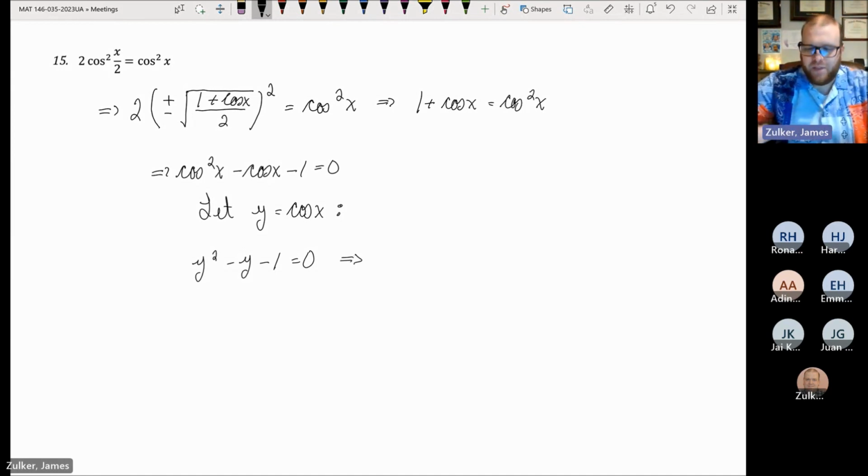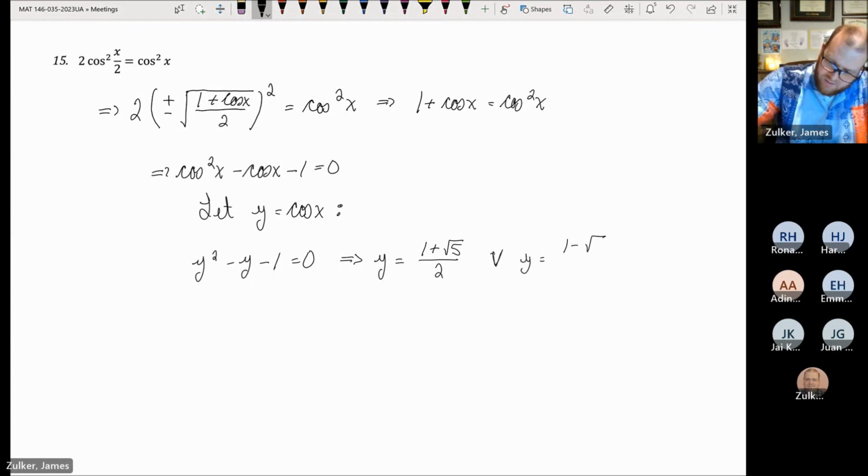Now you have to use quadratic formula. You're going to get 1 plus root 5 over 2 or 1 minus root 5 over 2.